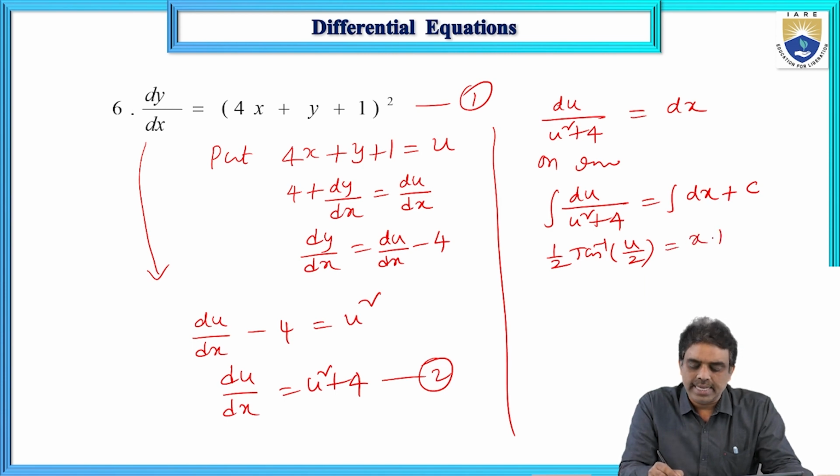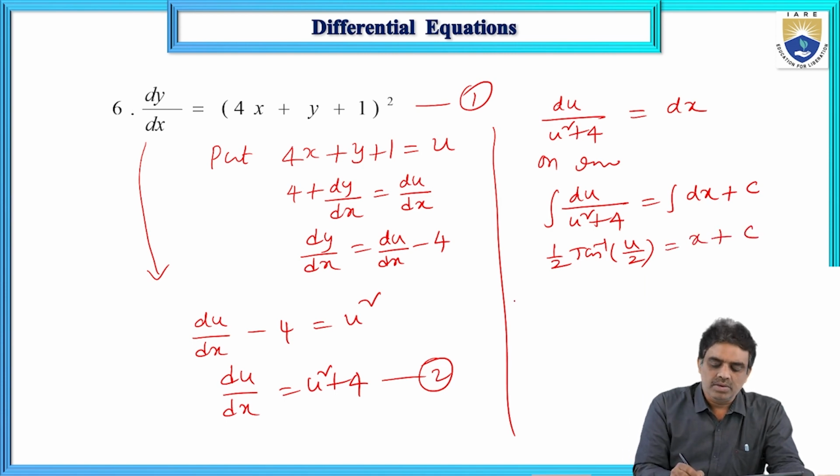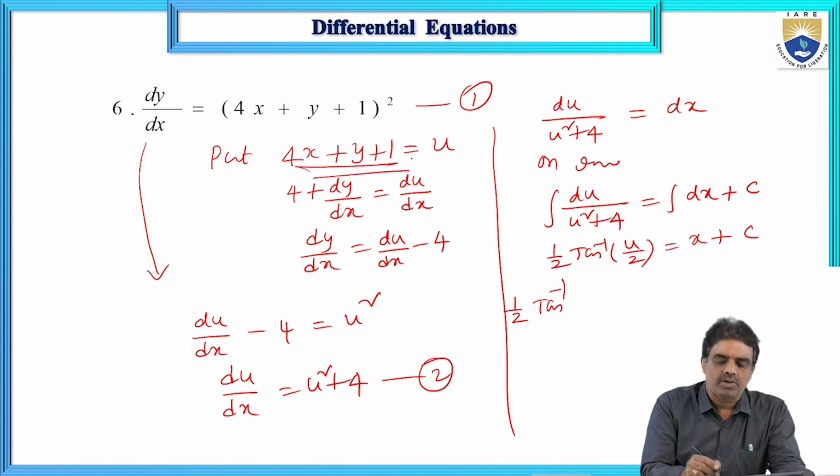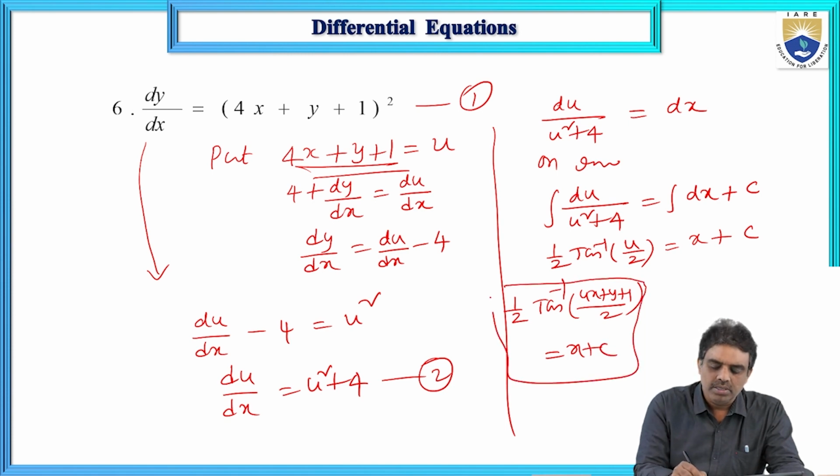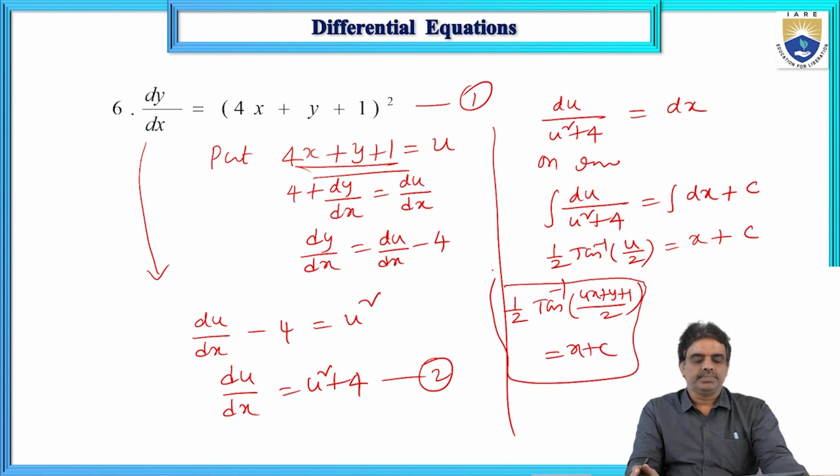This is x plus c. Then what is u? Already we have taken the substitution, u is equal to 4x plus y plus 1. So tan inverse of 4x plus y plus 1 by 2 is equal to x plus c, which is the required solution of the given differential equation.